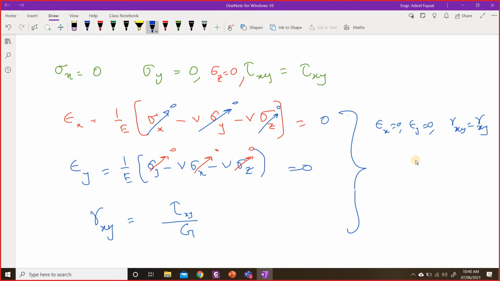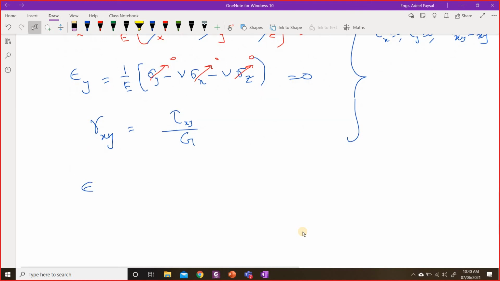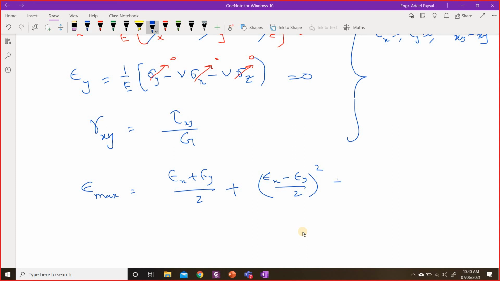Now you should be able to do this. Epsilon max would be equal to epsilon x plus epsilon y by 2 plus the square root of epsilon x minus epsilon y by 2 whole square plus gamma xy by 2 whole square. Is this right?